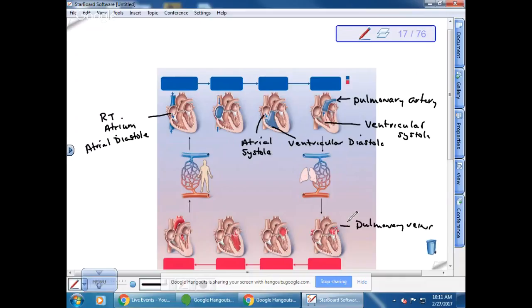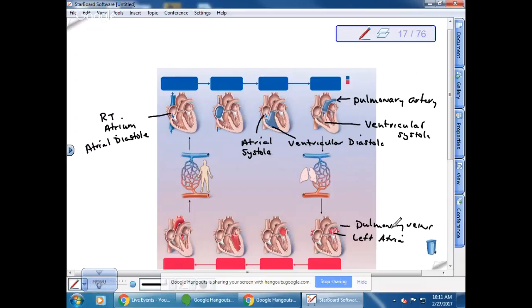Okay, so this one right here would be the left atria. Then it goes into the left ventricle, right? The blood flows, and we could talk about left atrial systole and diastole again here. I'm not going to write it down. But here you notice it goes into the left ventricle.